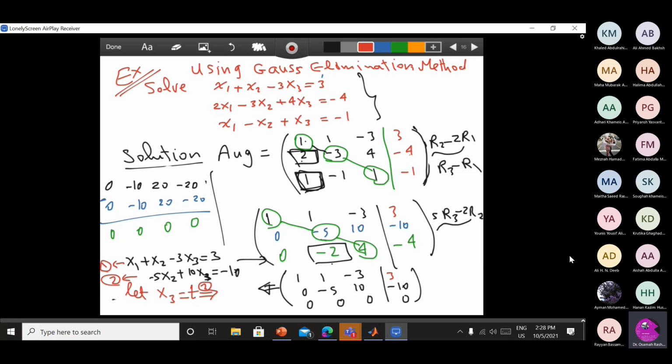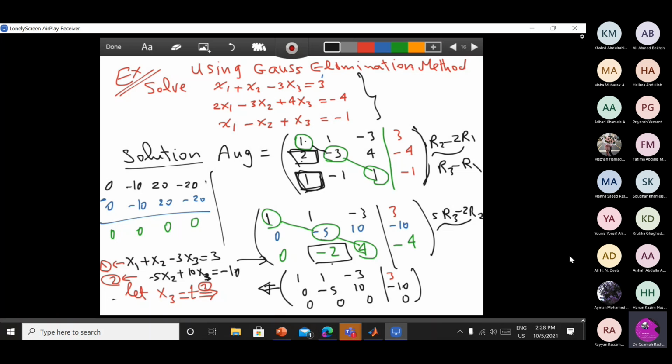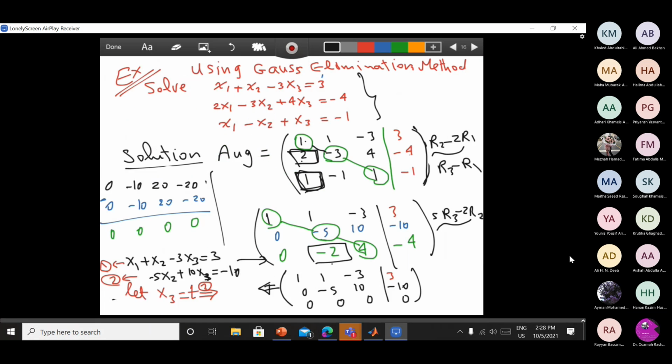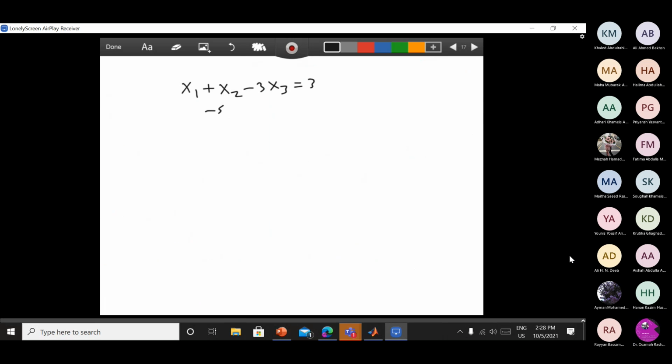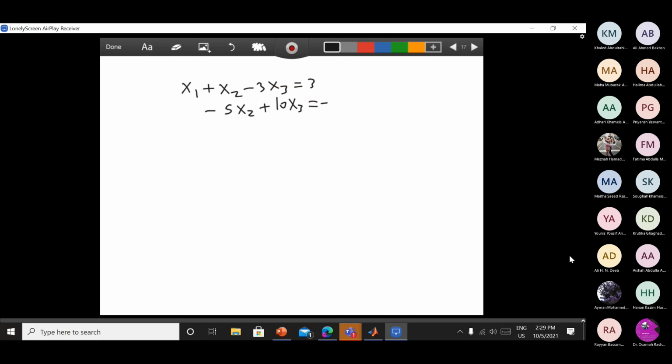I'm just going to write it here: x1 plus x2 minus 3x3 equal to 3, and the other one, minus 5x2 plus 10x3 equal to minus 10. This is number 1. This is number 2. x3 disappeared.